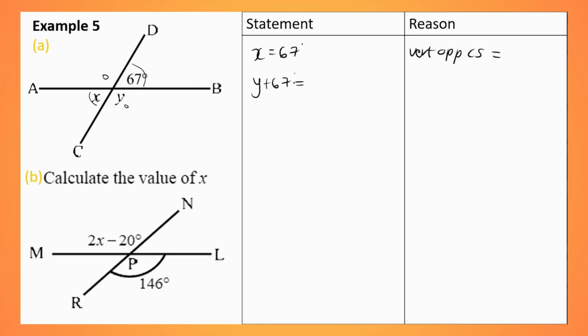Either way, when we add y and 67 degrees together, we are going to get 180 degrees because they are angles on a straight line. Then we need to get this plus 67 to the other side, so we minus 67. 180 minus 67 is going to be 113. And then we're done.